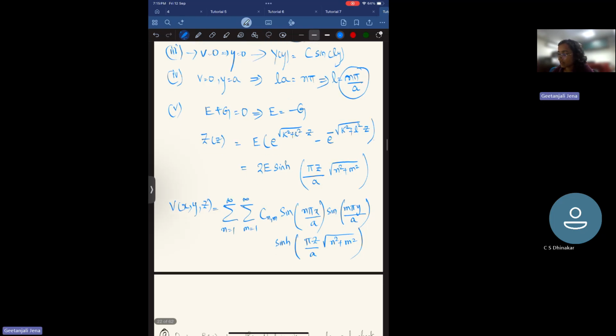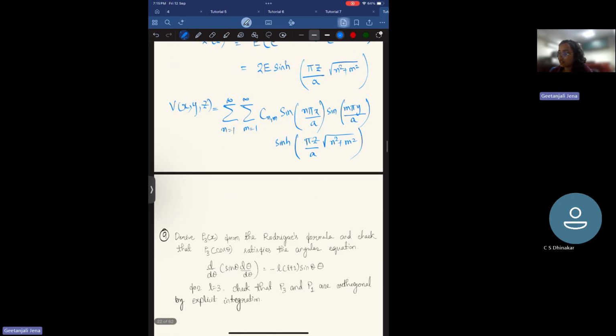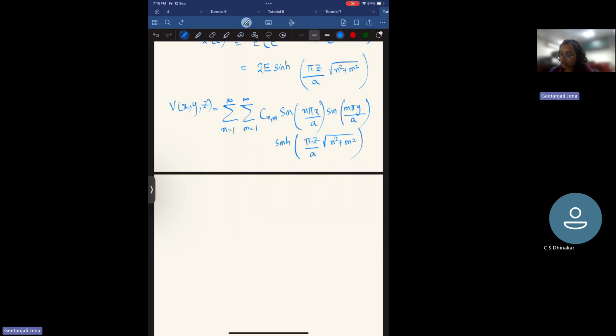Cnm we can get using the boundary condition. The last boundary condition is given when z equal to a, where V is V0. So that means we have to put z equal to a here.